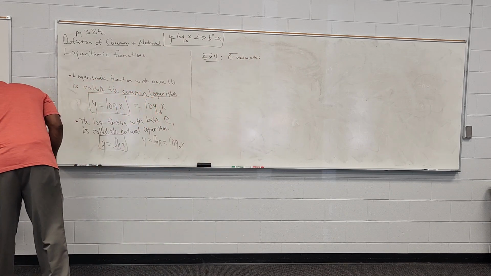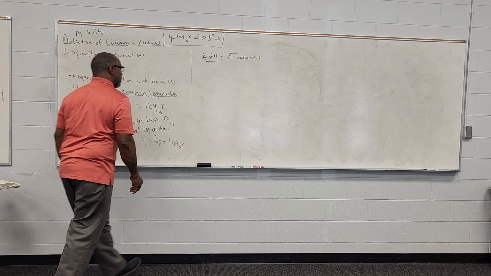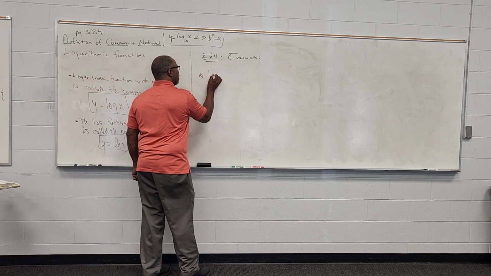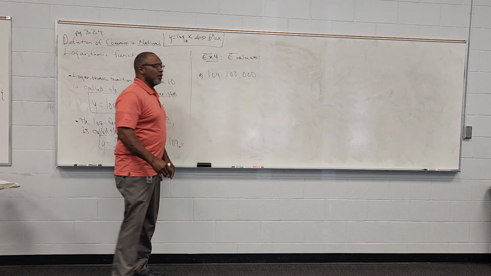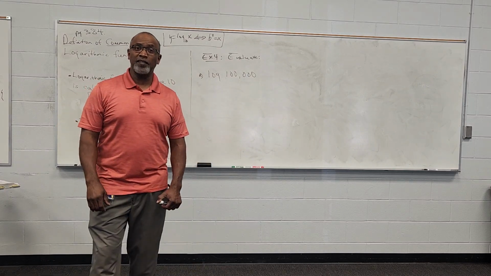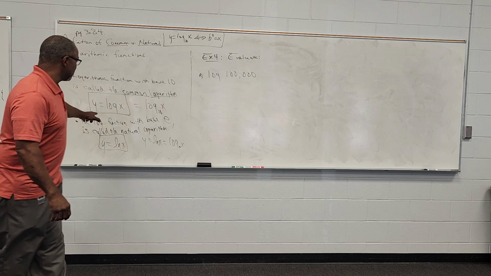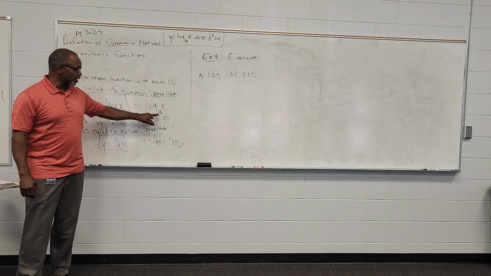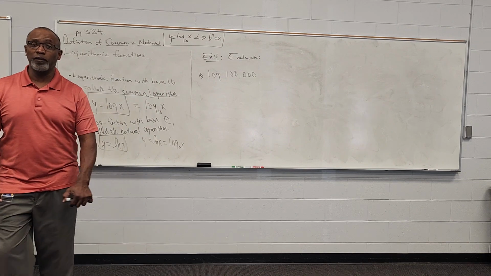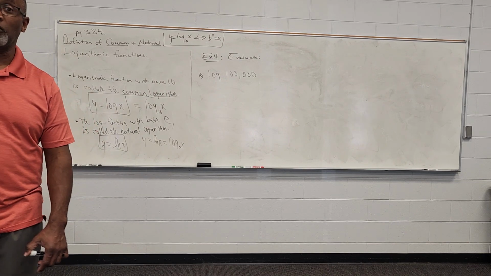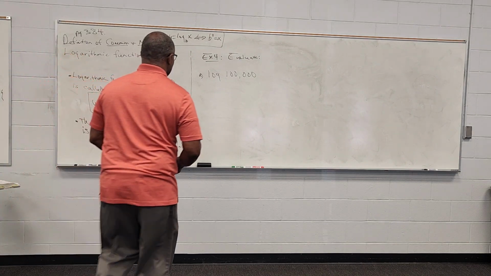A says log of 100,000. Well, since they didn't specify the base, that means it's the common logarithm. That means we're calculating the log base 10. They didn't write a base, so it's assumed that that is a log base 10 calculation. So again, we've done these.